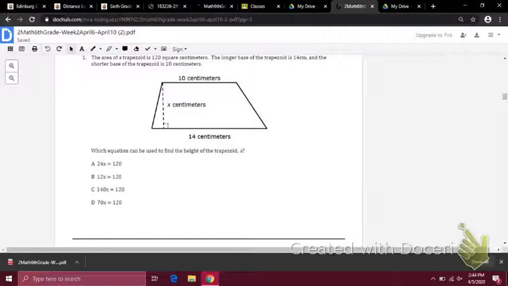All right, so the first thing we need to do is write down the formula. So I'm going to kind of do this freehand. Hopefully you're able to understand my handwriting.